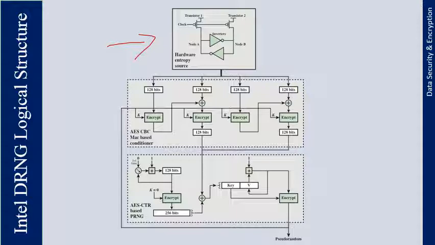Because this is an unstable state, thermal noise will cause the configuration to settle randomly into a stable state, with either node A at logical 1 and node B at logical 0, or vice versa. It can happen that node A is 0 and node B is 1. Therefore, the module generates random bits at each clock cycle.